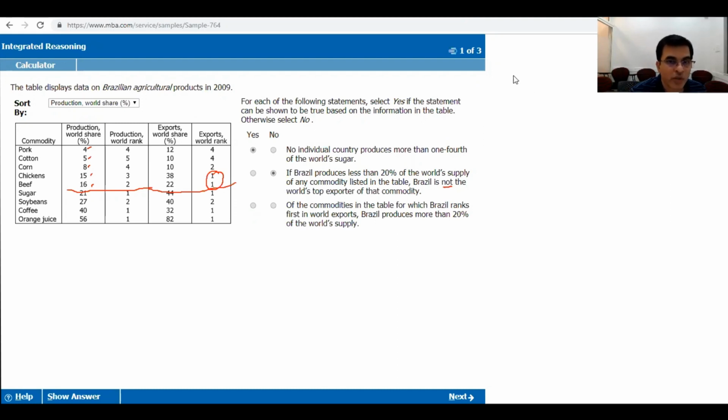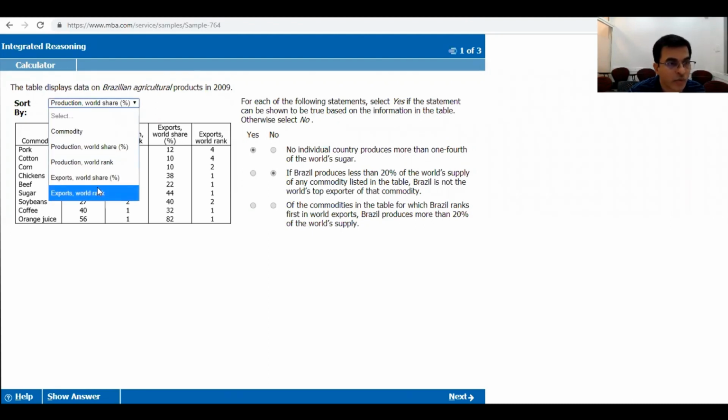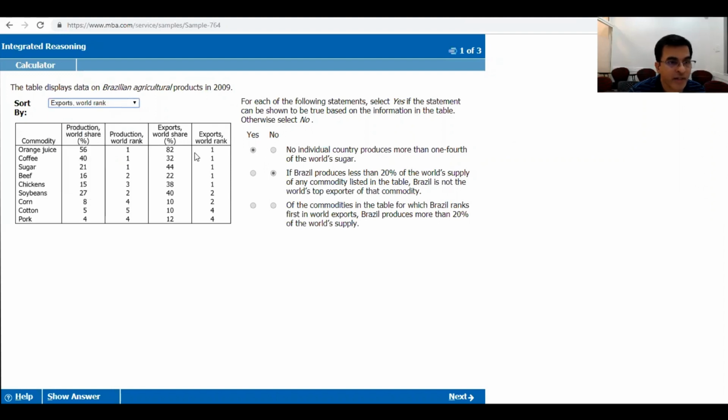For this particular question, we are discussing world export rank, which is given in this particular column. So the first thing to do is sort by world export rank. Once we have done this, we know that all these are ranked first in world exports.